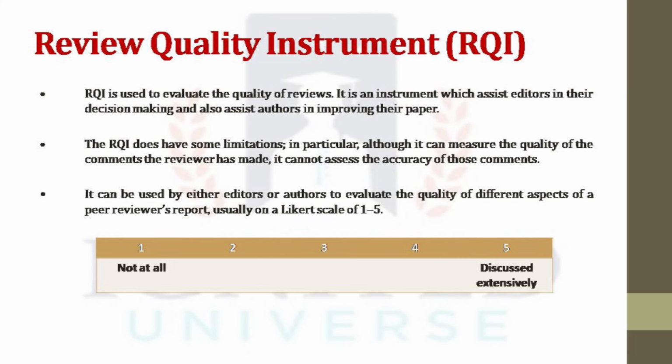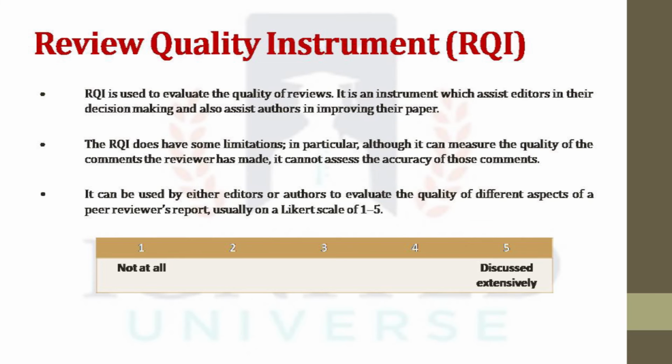So RQI assesses the extent to which a reviewer has commented on 5 aspects of a manuscript. That is, it is used to evaluate the quality of reviews on the scale of 1 to 5. It is an instrument which assists editors in their decision making and also assists authors in improving their paper.